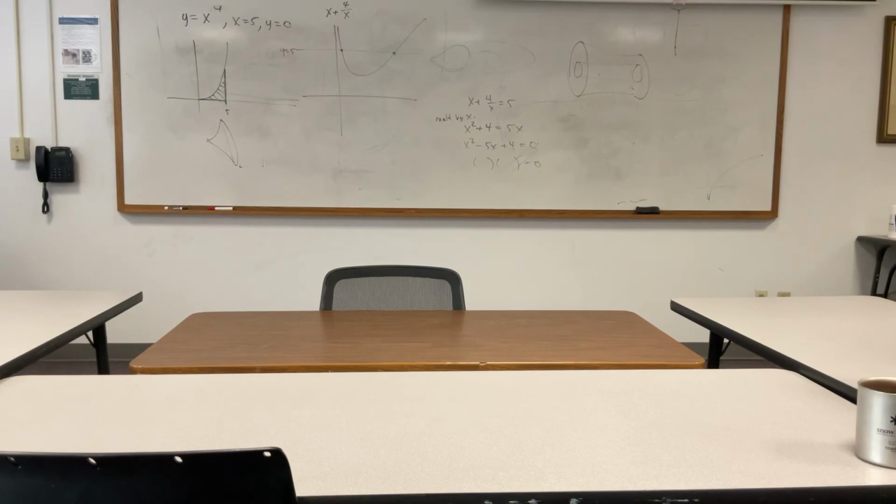Okay, so let me meticulously go through and check everything. That all looks beautiful. 5x minus x squared minus 4 plus 5 minus x minus 4x. Awesome. No, that's good.